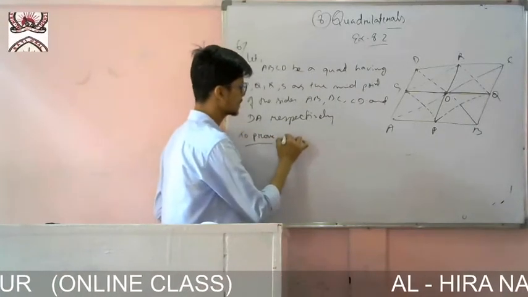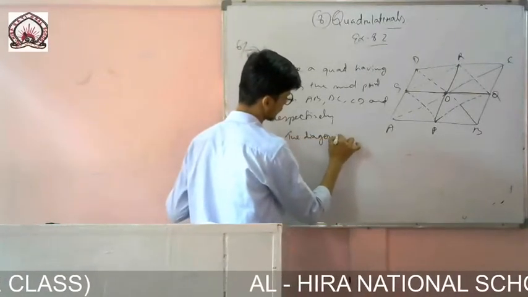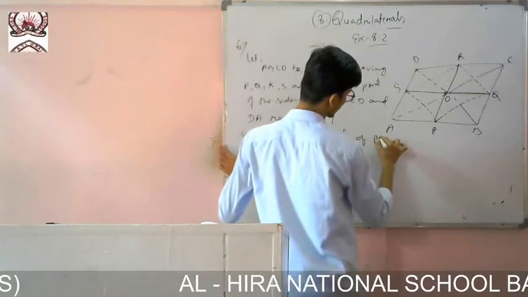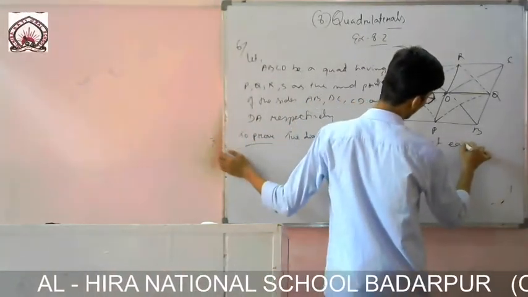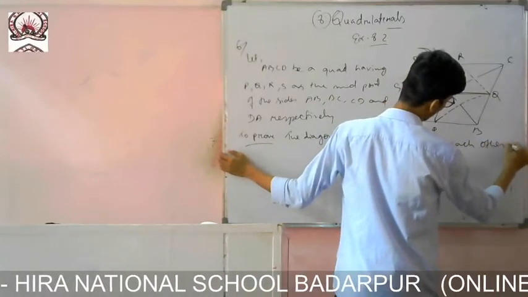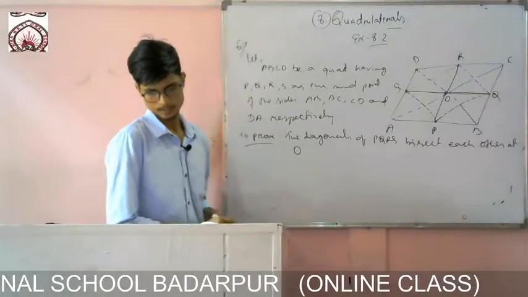You have to prove that the diagonals of PQRS bisect each other at O.